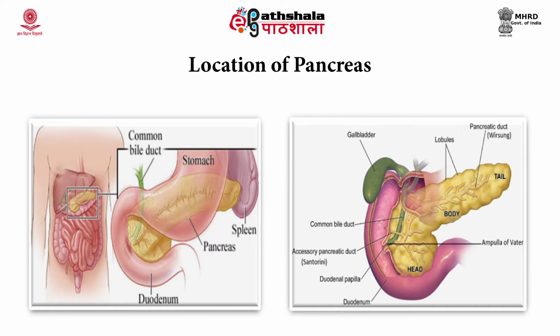This uncinate process is turned to the underside of the abdomen, so it covers two important blood vessels, the mesenteric artery and mesenteric vein. The body is situated in between the head and tail, while the tail is directed towards the left side of the body, near the spleen.